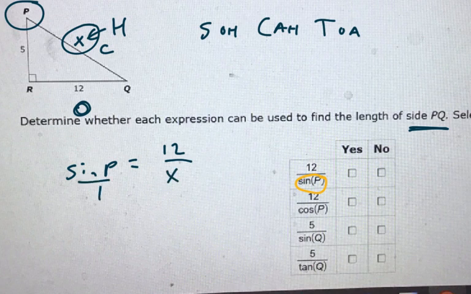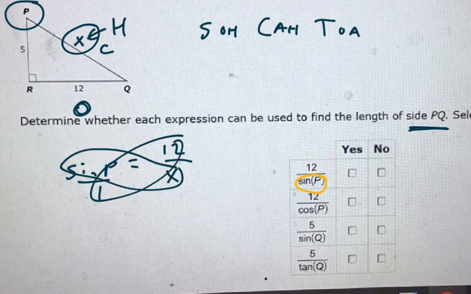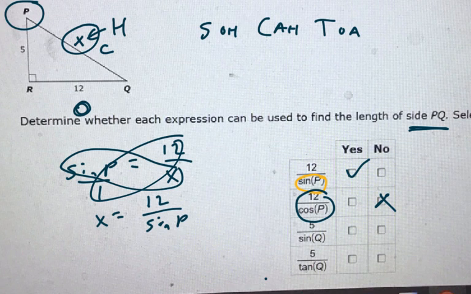And if we were to solve this, I hope you understand, by cross multiplying, we would have x equal to 12 divided by the sine of P. I'm skipping a step in the middle there, guys. And so this one is definitely a yes. Well, because the sine works, guys, do you agree? Cosine can't logically work. So to save a little time, I'm not going to bother with cosine.